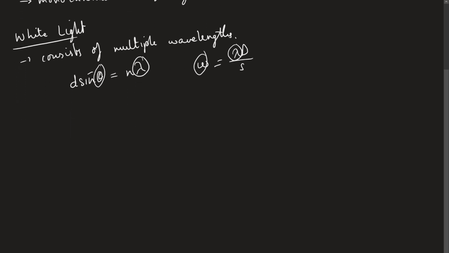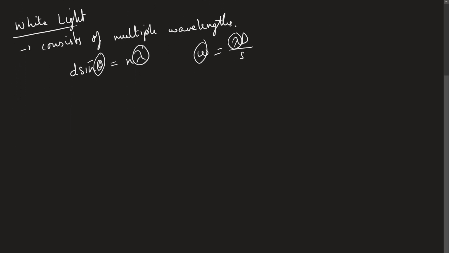What we actually see is that in the setup, we have to change something slightly. White light is not coherent light, so we need to add a single slit beforehand. So this is the white light.